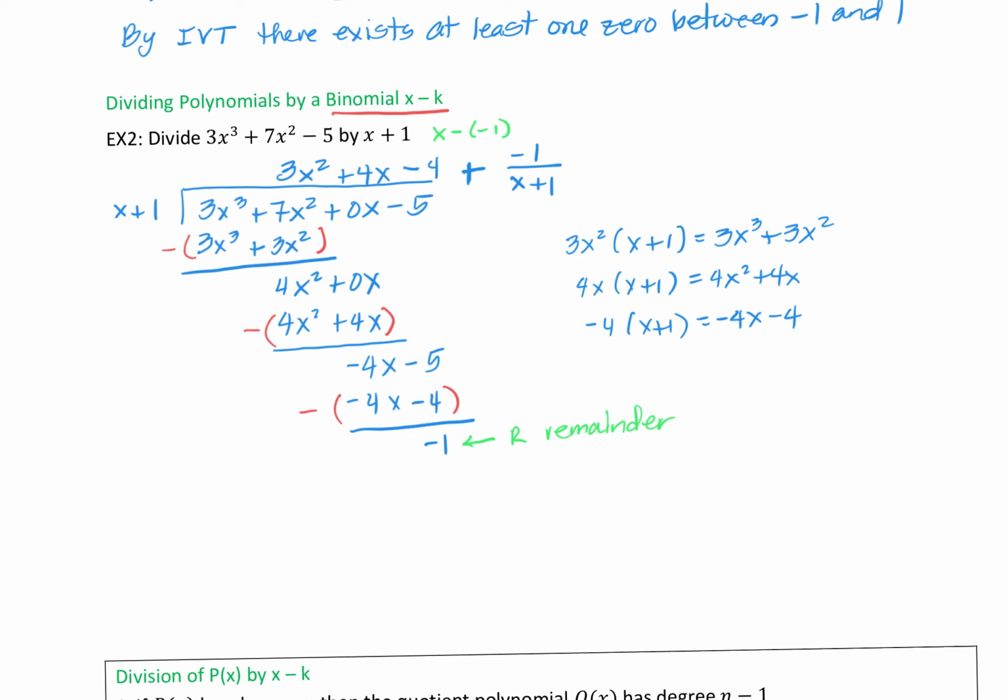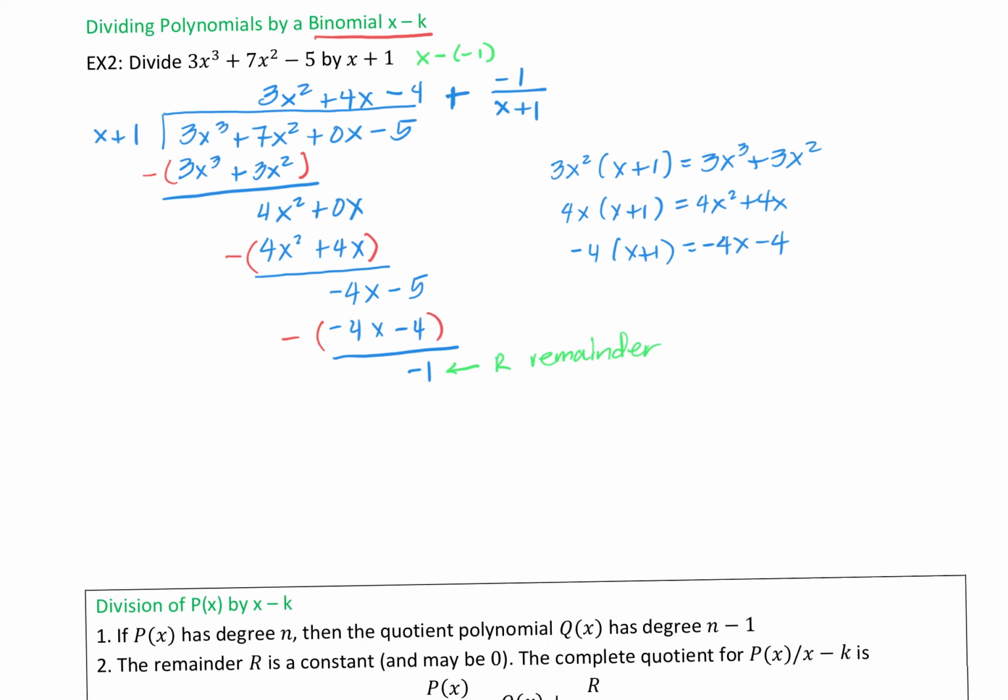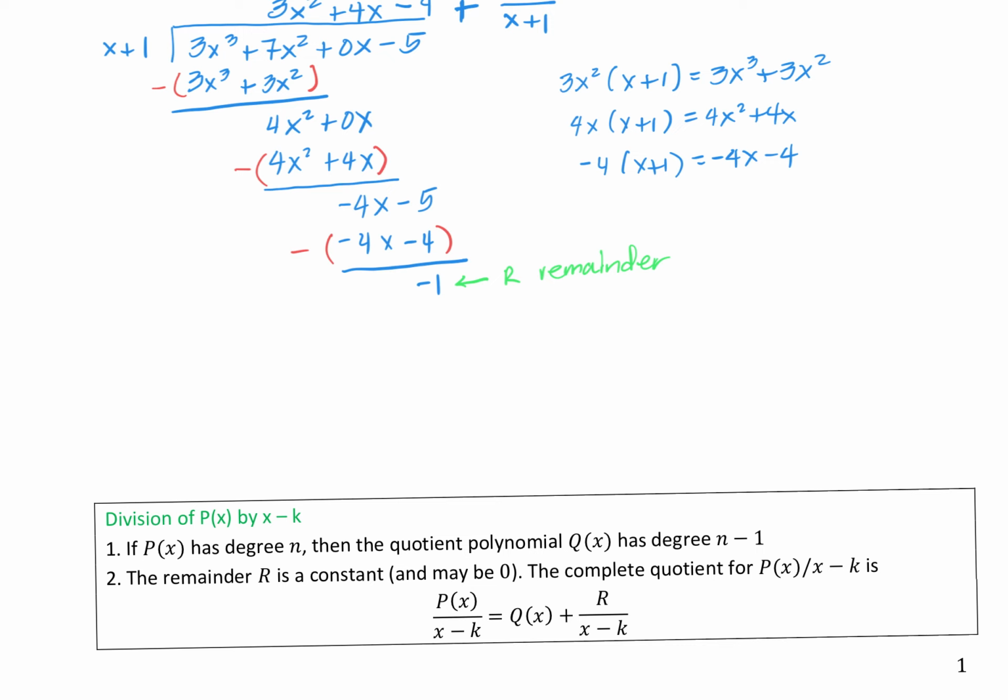So let me just write this out. This 3x squared plus 4x minus 4, that was our quotient, our solution. And then we were adding it to our remainder over what we were dividing by, our divisor, which was x plus 1.